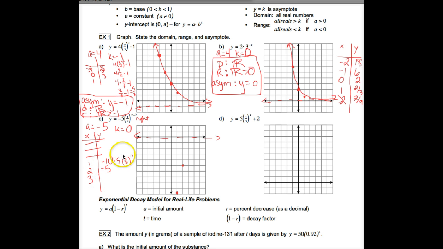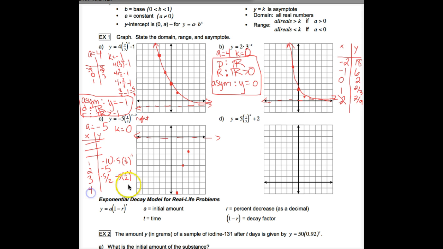So I'm going to get another point here when x is 3. So negative 5 times 1/2 to the 3 minus 2. 3 minus 2 is 1. So negative 5 times 1/2 is negative 5 over 2, which is negative 2.5. So 3, negative 2.5.